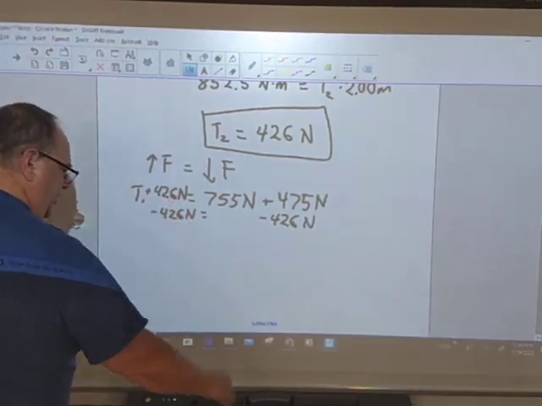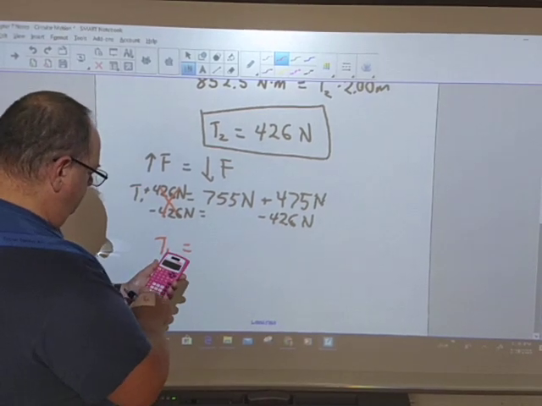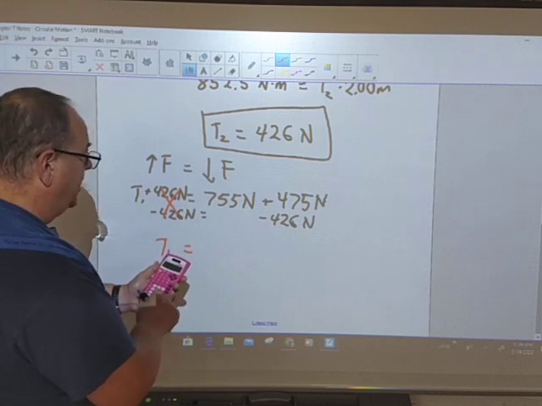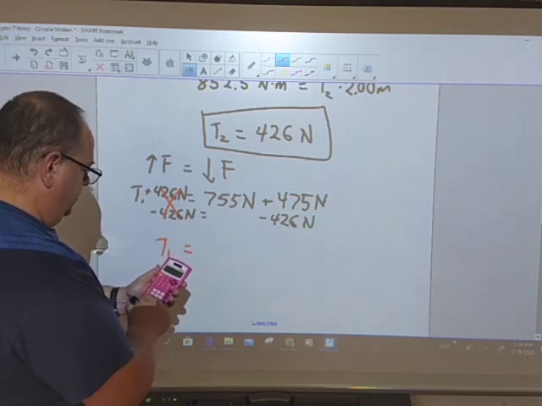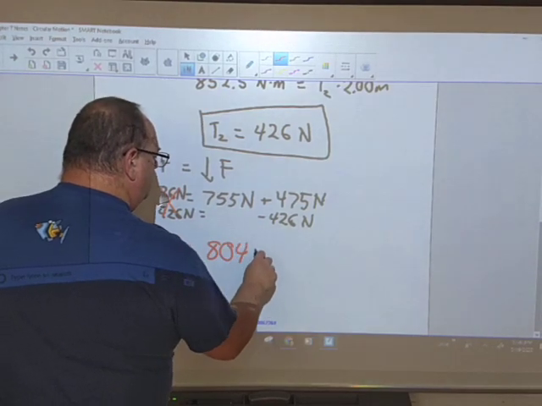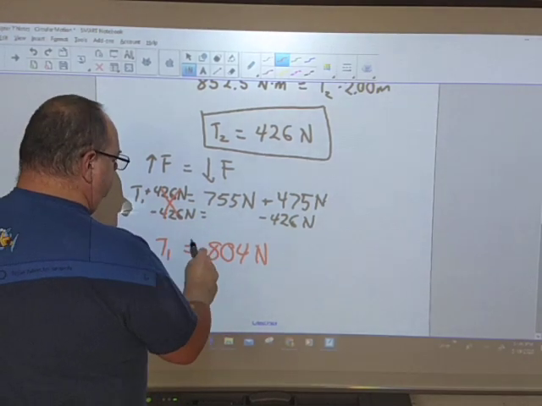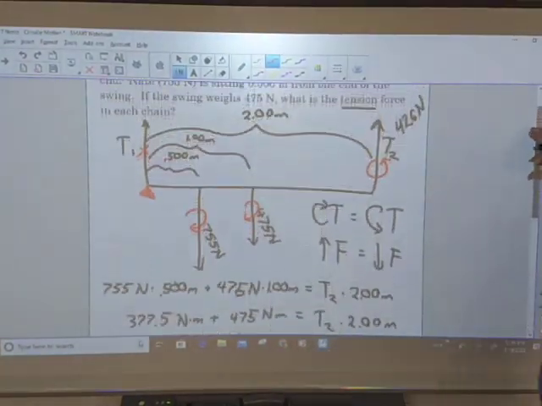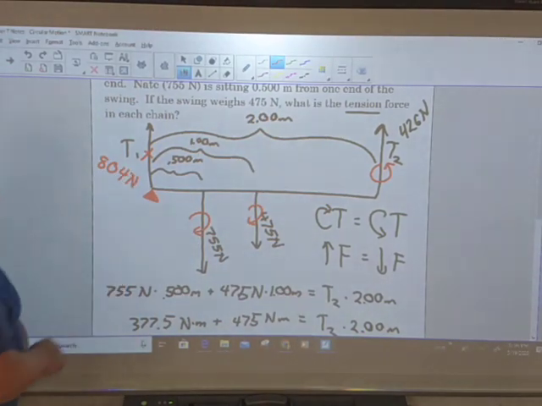And this is going to be all gone over here. So I'll have T1 equals 755 plus 475 minus 426. 804 newtons. So I go back to the top. T1, 804 newtons. Does that make sense?